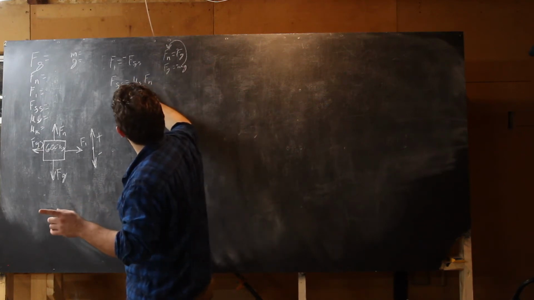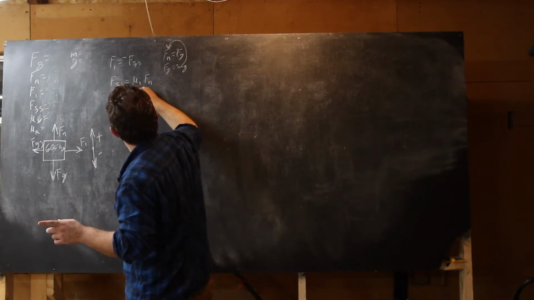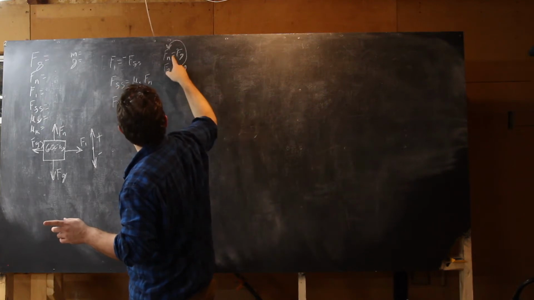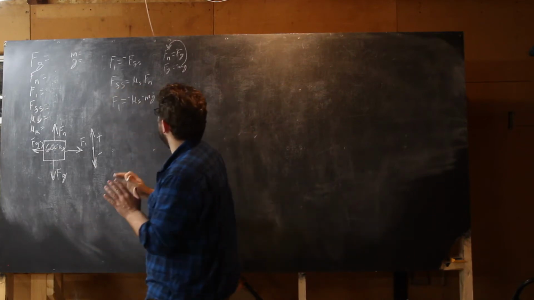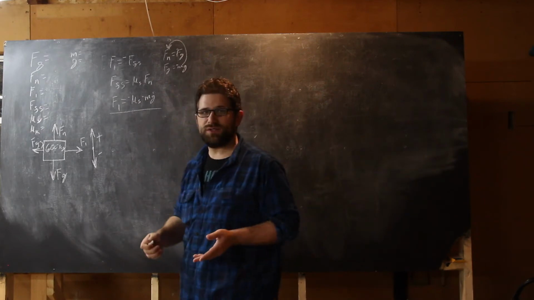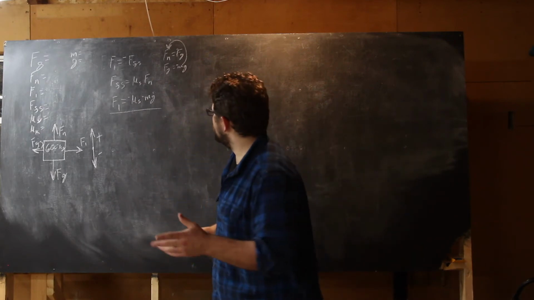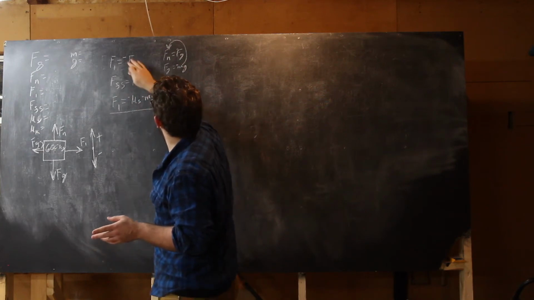So negative force of friction static, which is mu s times Fn, and Fn is going to be this negative mg. That actually ends up not being too bad because all of our force equations end up being pretty simple. So let's go ahead. We've got a negative and a negative because this is a negative.